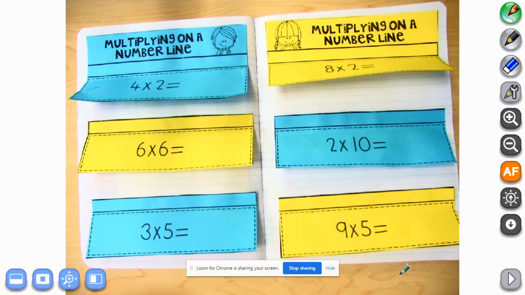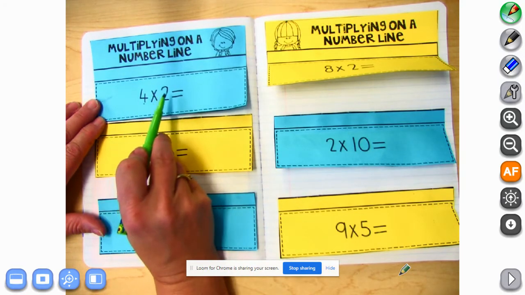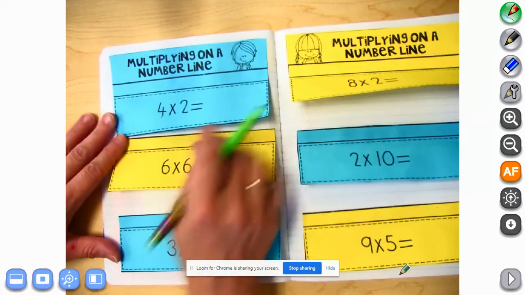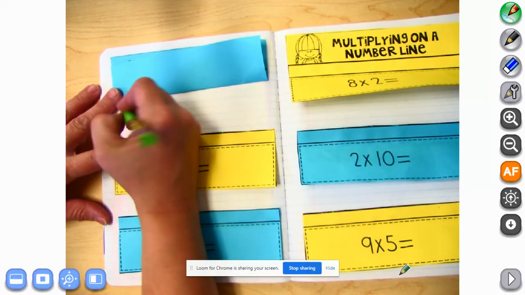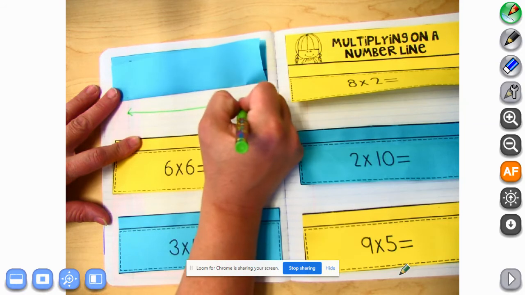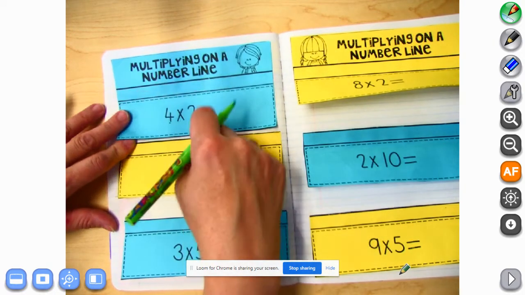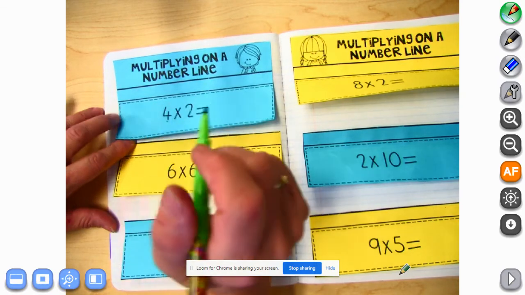All right. So multiplying on a number line, it says we're going to be making 4 jumps, and they're going to be a size 2 every time we jump. Okay. So if we put a little arrow here, and we draw on this line, a little arrow there. It says we're going to jump 4 times, and we're going to jump by 2s.